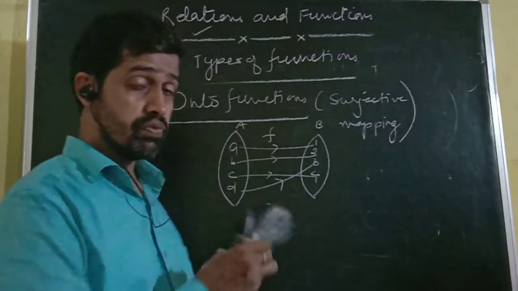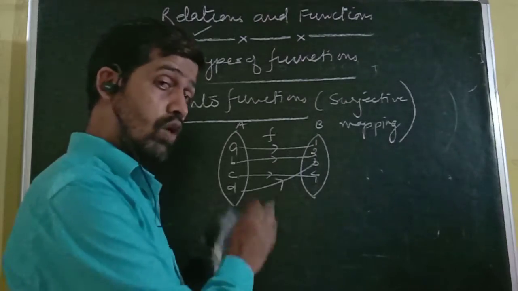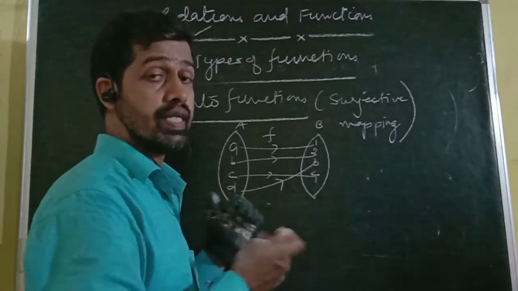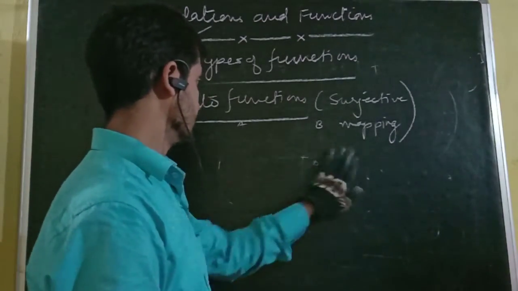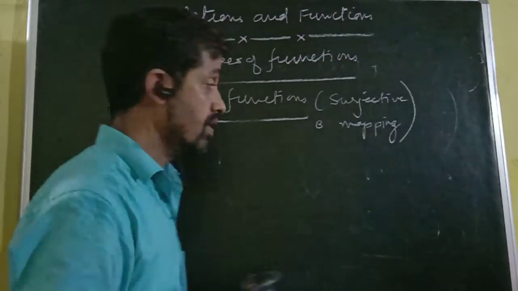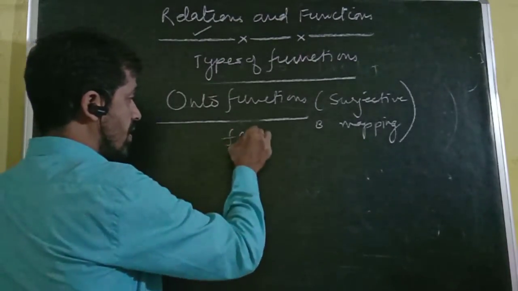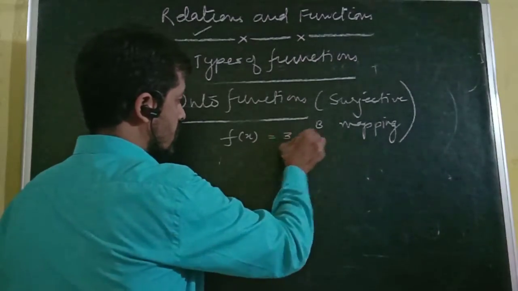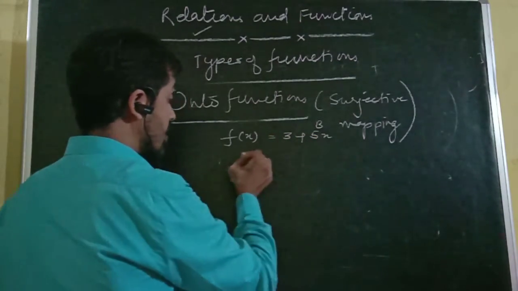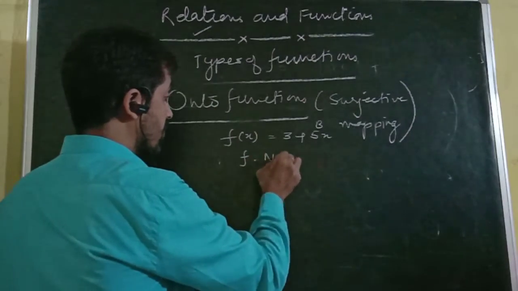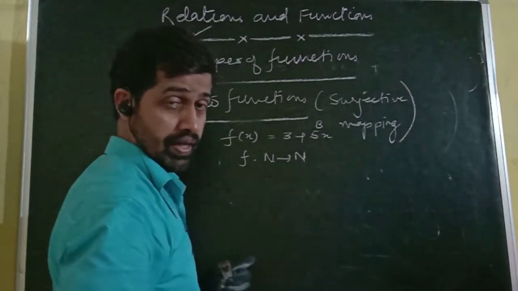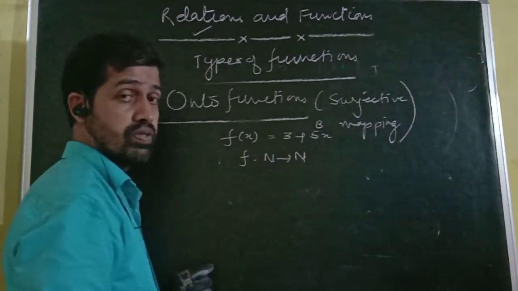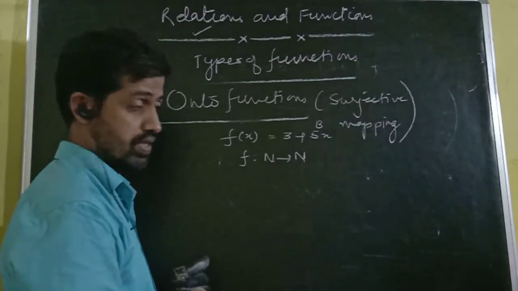Then this was the case of finite sets. Now we discuss how to prove onto in the case of infinite sets. Take an example: f of x equals 3 plus 5x, and f is defined from N to N. Now we have to check whether it is surjective or not.